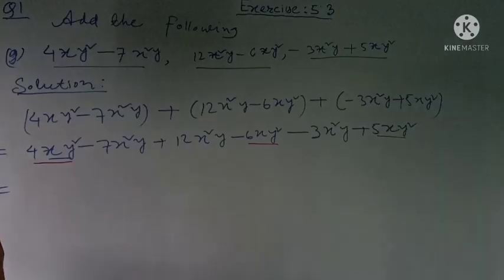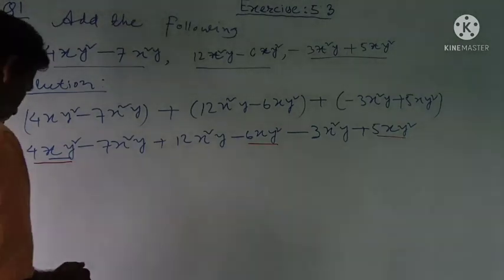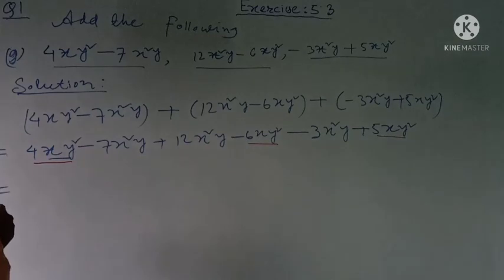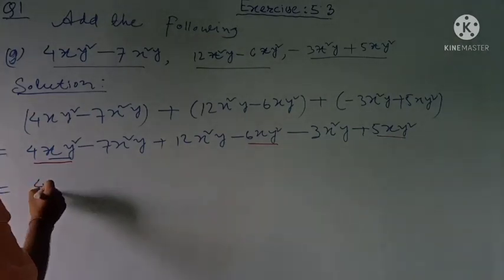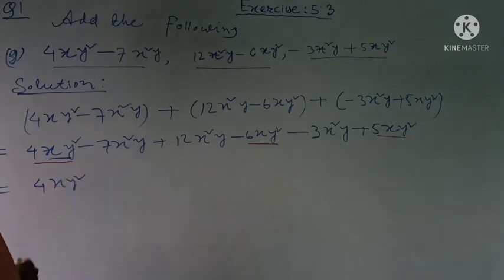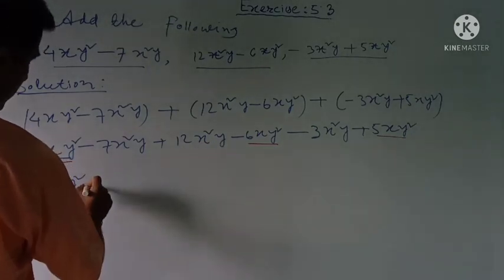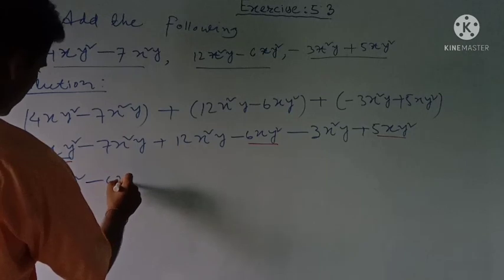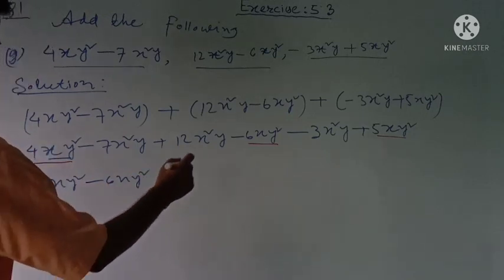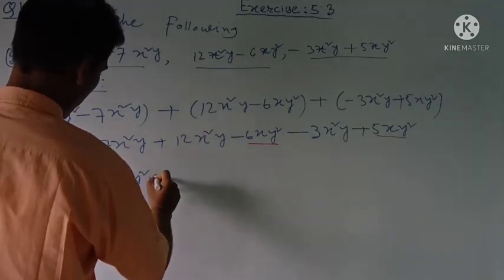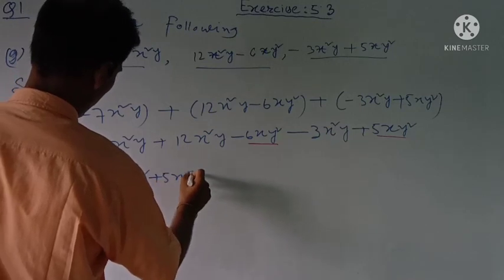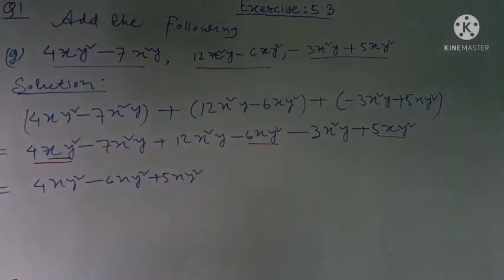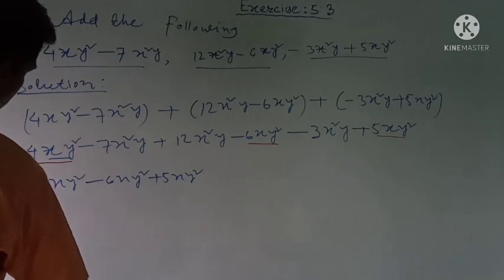So these three you'll write together first. We'll write 4xy square, then minus 6xy square, and then plus 5xy square.